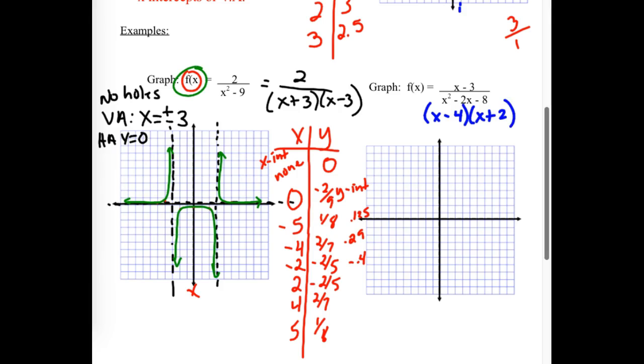Are any of my factors going to drop out? Okay, so no holes. I will have some vertical asymptotes though. I've got 2 points of discontinuity in the denominator. One at +4 and one at -2. Okay, let's go ahead and graph those.